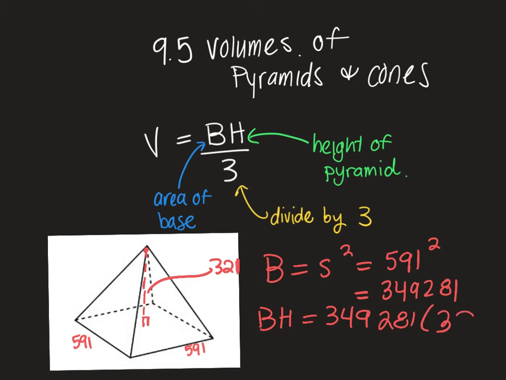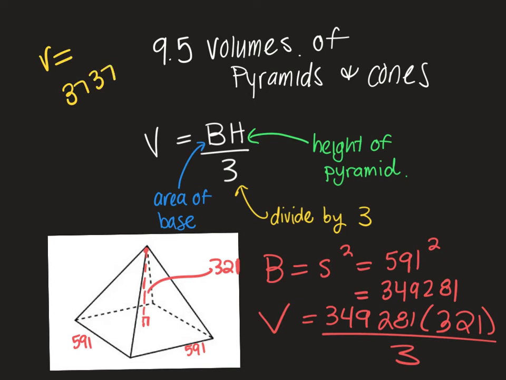So multiply that by 321, and then we'll divide that by 3 to find our volume. So times 321 divided by 3, still a very large number. So our final answer is 37373067.